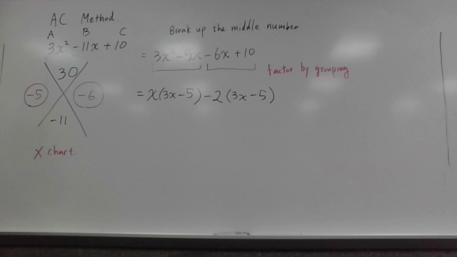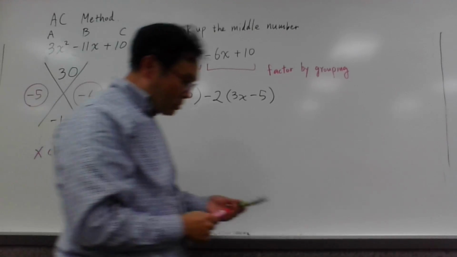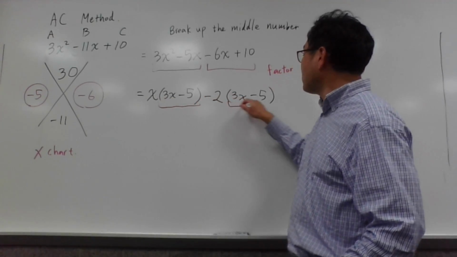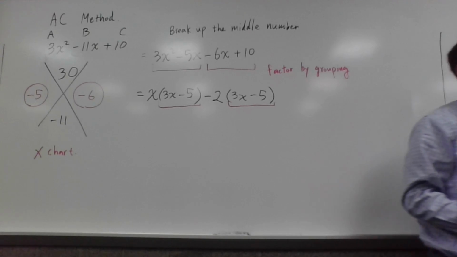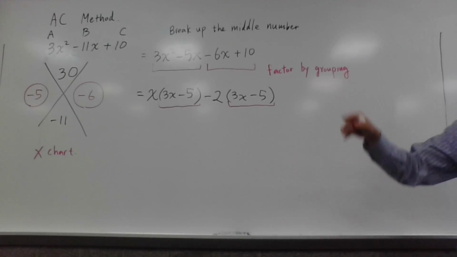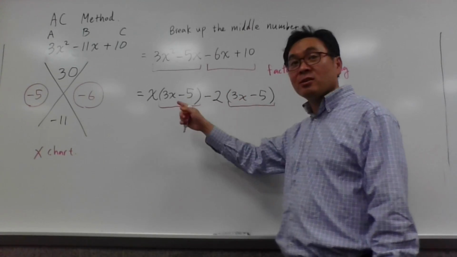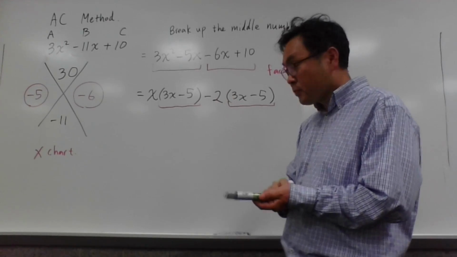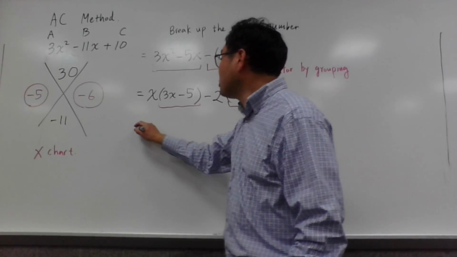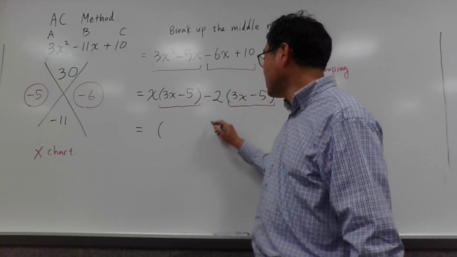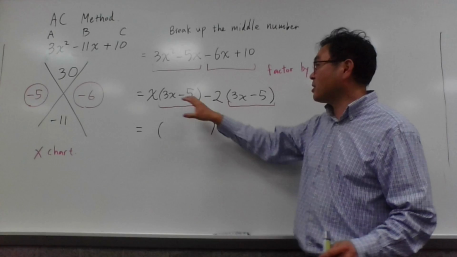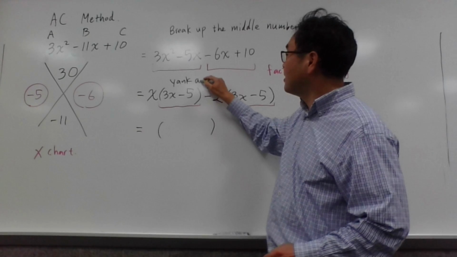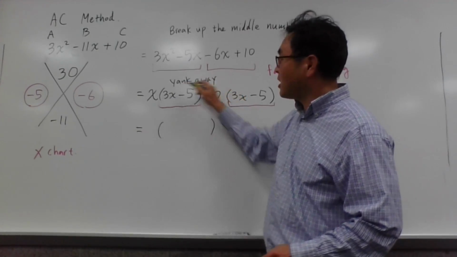Now, if you did everything correctly, after factor by grouping, you're going to notice that it reveals a factor that's common to both of the terms. I see that 3x minus 5 is here. It's also here. So they're common, which means you can factor the 3x minus 5 out. Factoring out means it's like you're yanking away this 3x minus 5.